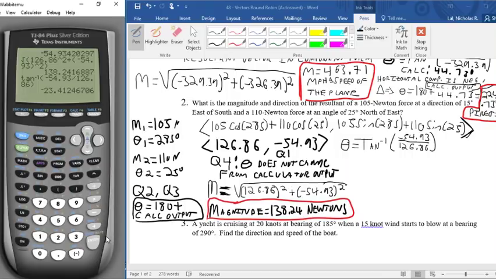That's going to be negative 23.41. So theta is equal to negative 23.41.